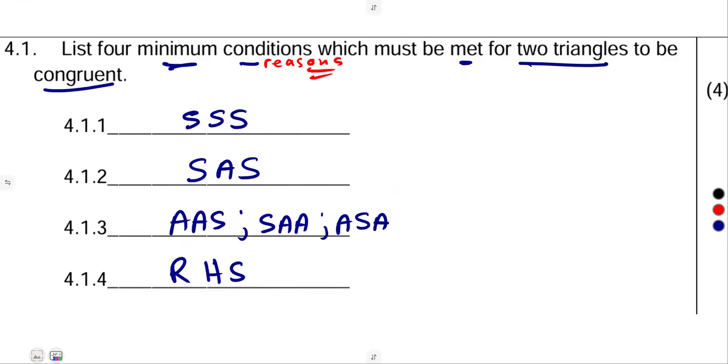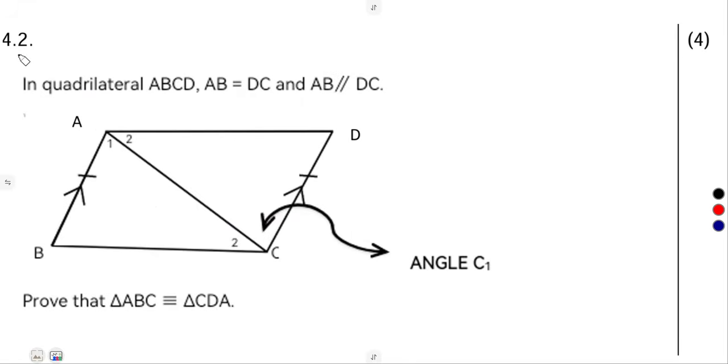They're exactly the same. So in this case, they're saying in quadrilateral ABCD, this side is parallel to this and also equal, AB equal to that. Prove that ABC is congruent to triangle CDA.